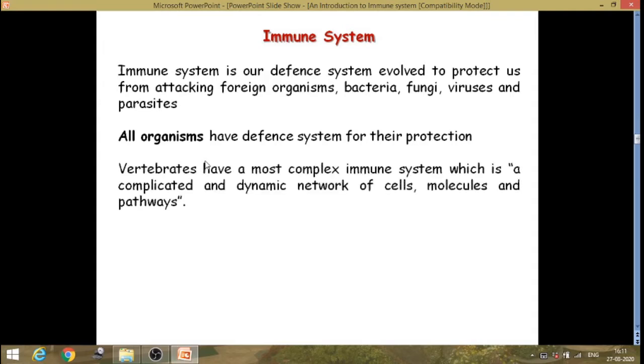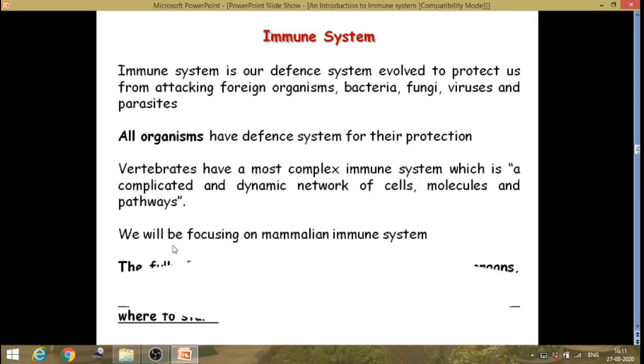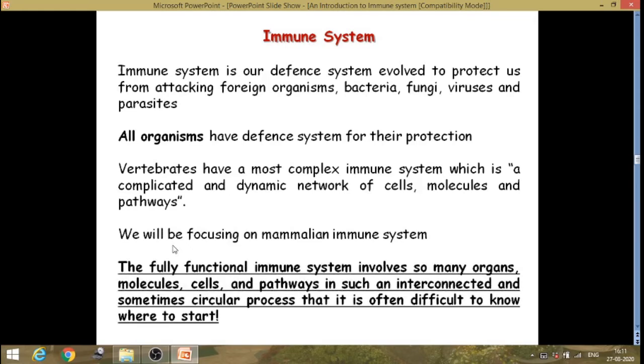Now, among all organisms, vertebrates have the most complex immune system, which is a complicated and dynamic network of cells, molecules, and pathways. We are interested in the mammalian immune system. The fully functional mammalian immune system involves so many organs, molecules, cells, and pathways in such an interconnected and sometimes circular process that it is often difficult to know where to start.